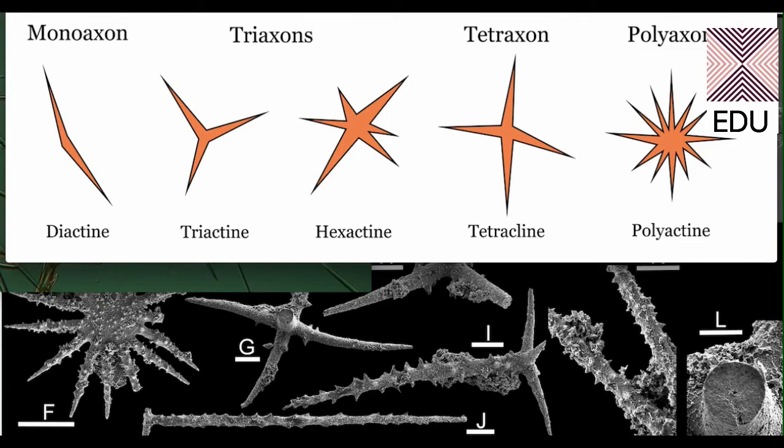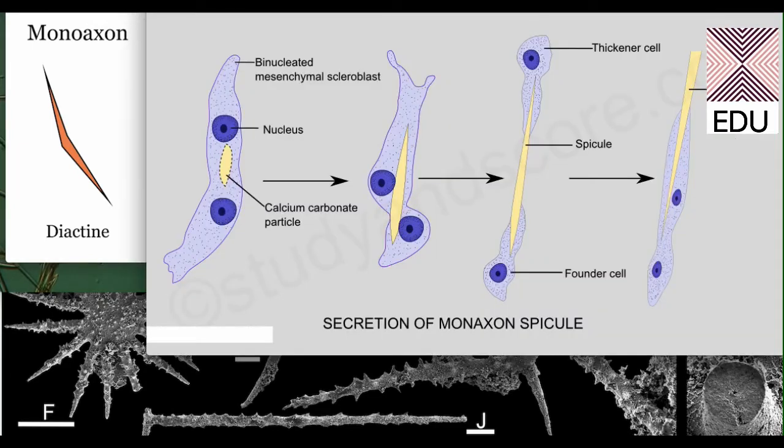So monoactinal and diactinal are the types of monoaxon spicules. To see the difference between these two types, we have to go by the development. In this picture, I am showing you the development of a spicule.